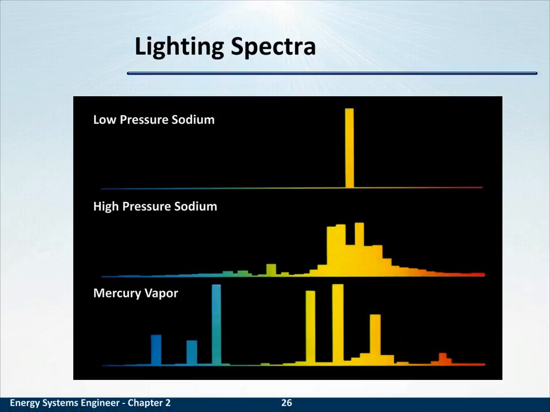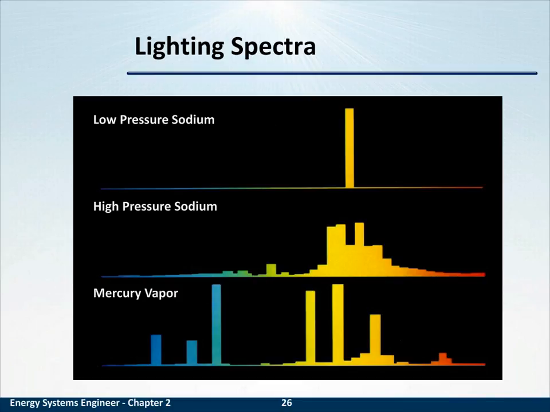Here's the spectra. Here's the proof in the handicap of low pressure sodium lighting. The lighting spectra of low pressure sodium, high pressure sodium, and mercury vapor illustrates the monochromatic light from low pressure sodium.